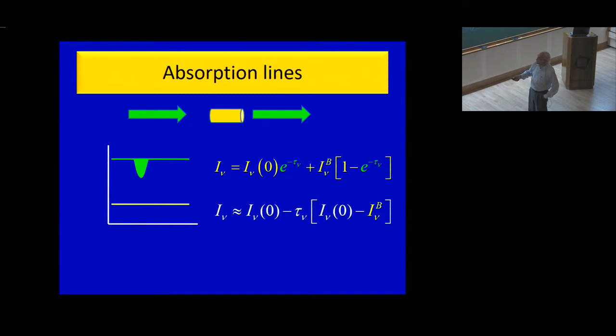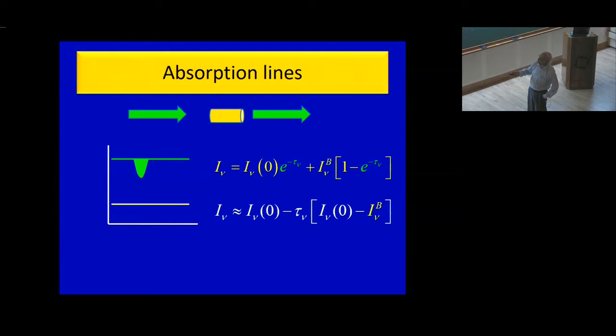So, since the outer layers are diffuse, once again I expand the optical depth in powers of tau_nu. Both these terms I expand, and I write the specific intensities I_nu^0. Here if I expand, I'll get 1 minus tau_nu. 1 is that term, minus tau_nu into I_nu^0 is that term.